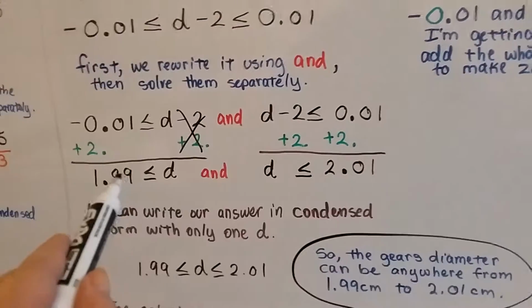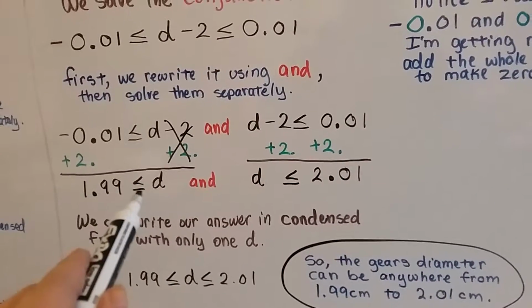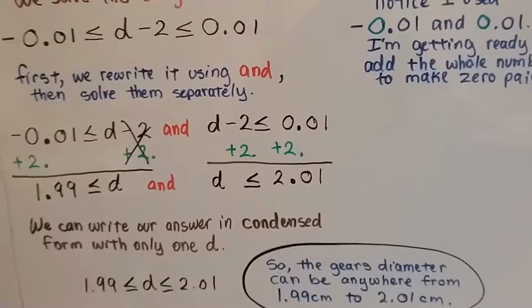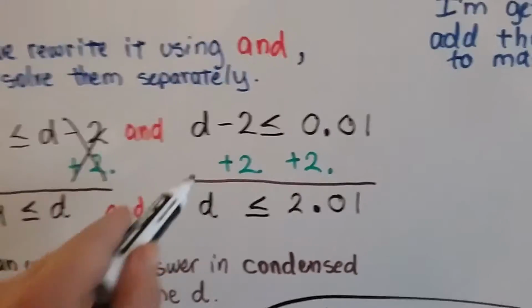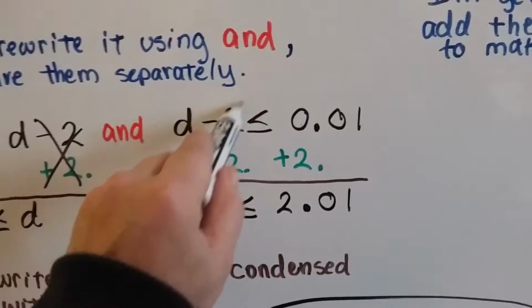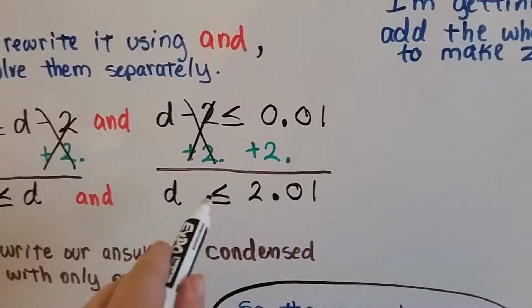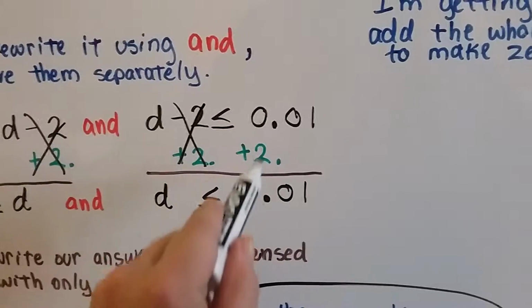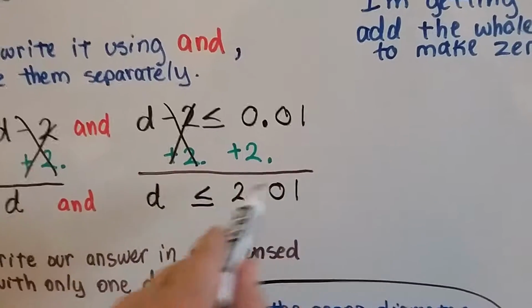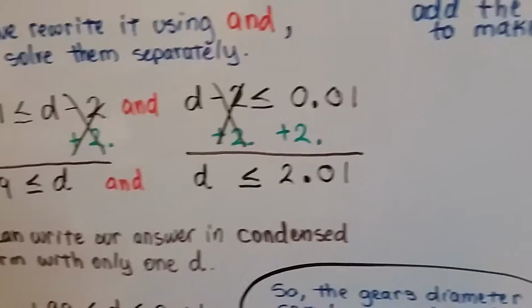So now we've got 1.99 is less than or equal to d, and on this side, we create a 0 pair by adding 2 to each side, so that's gone. And we get d is less than or equal to 2.01, see? Make sure your place values are lined up, okay?